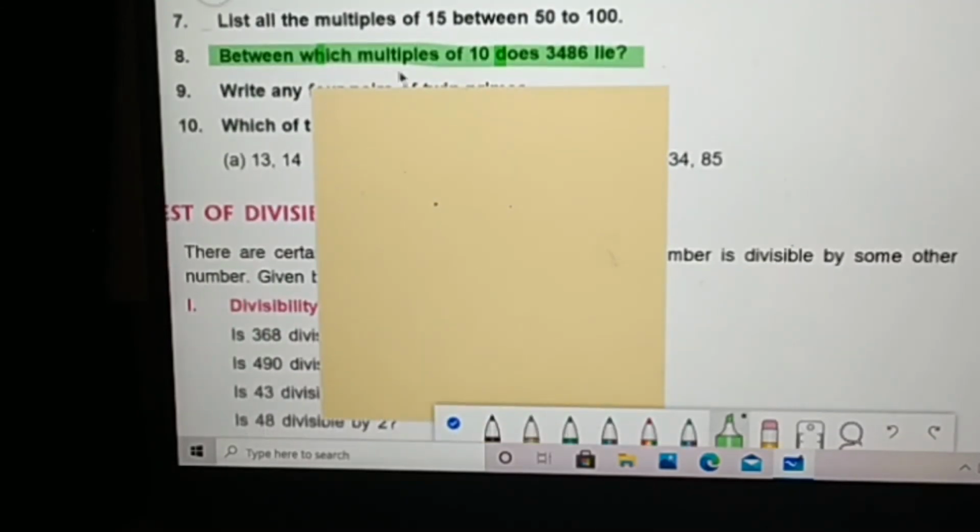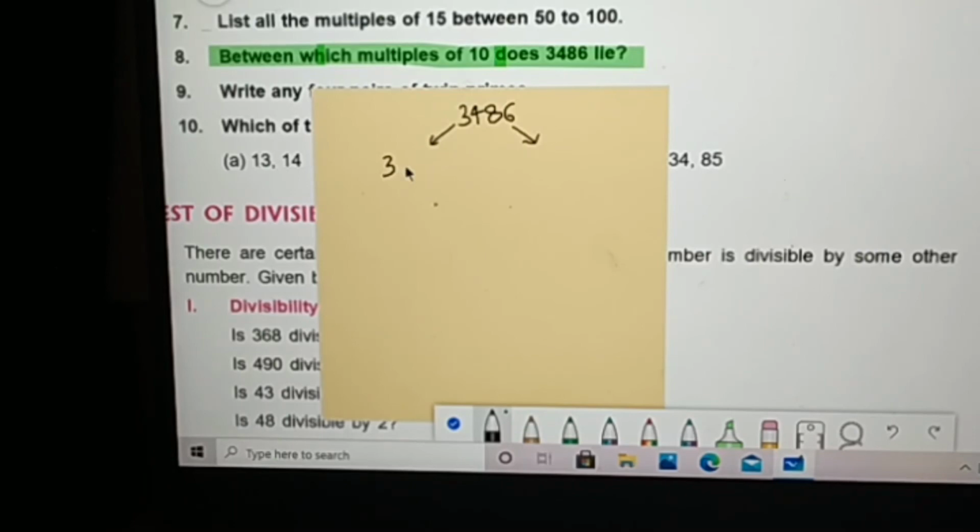We see between which multiples of 10 the number 3486 lies. So you have to just get the round number before and after. Round it to the nearest 10, on this side and that side. So these will be the multiples of 10.